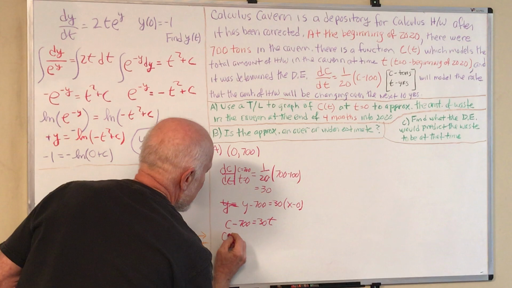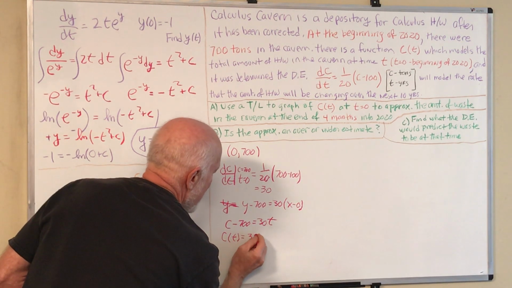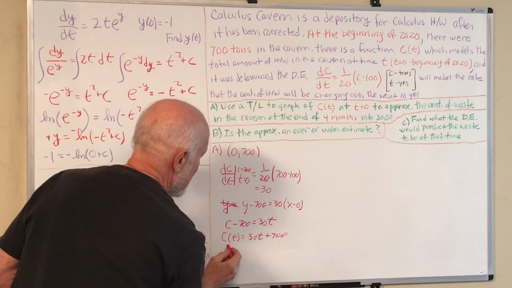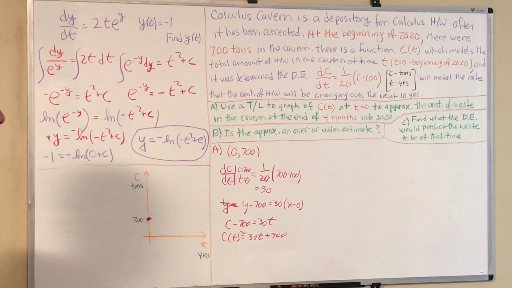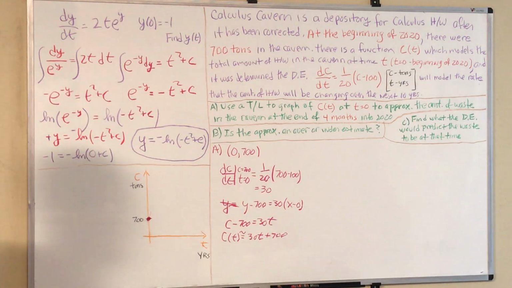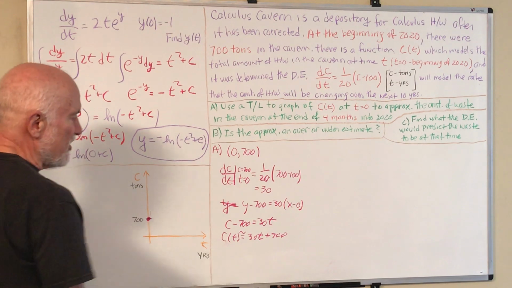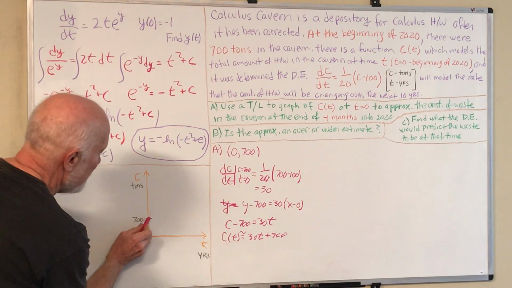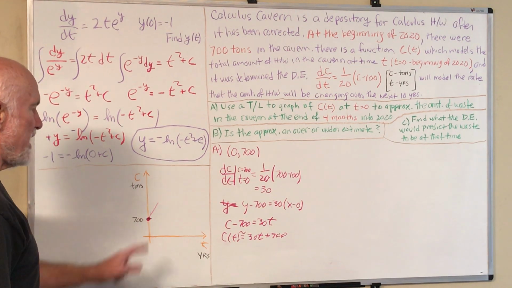Or c is 30t plus 700. It's not the real equation for c of t, and that's why maybe it's not a bad idea to leave y as your variable, but that's why I put approximately, because this is just using a tangent line, not the actual graph. Somehow we've got a tangent line right there with a slope of 30 that goes through that point.